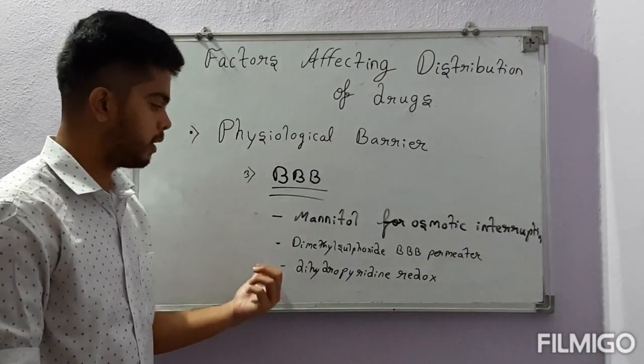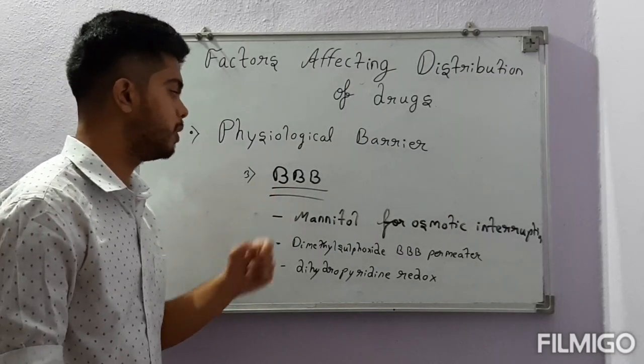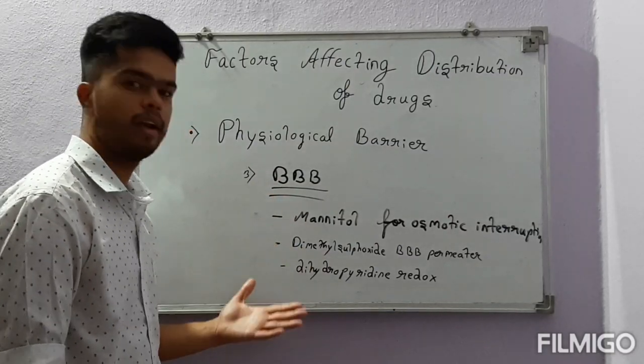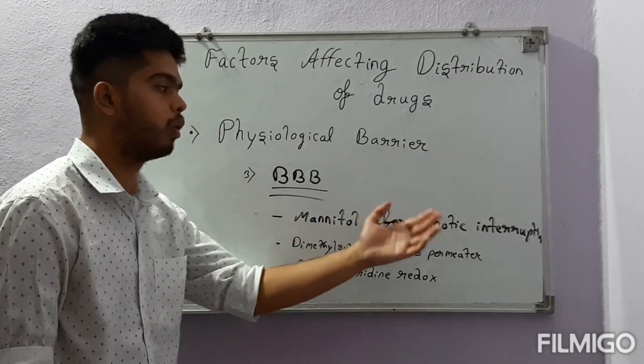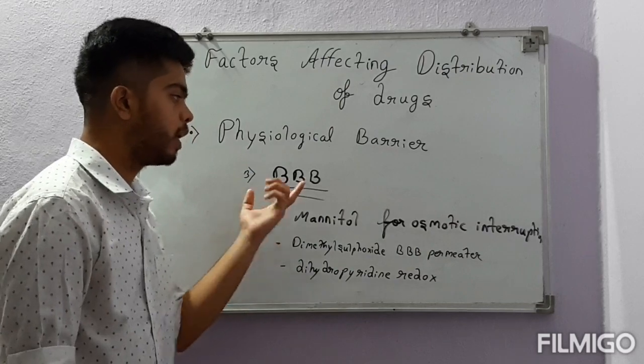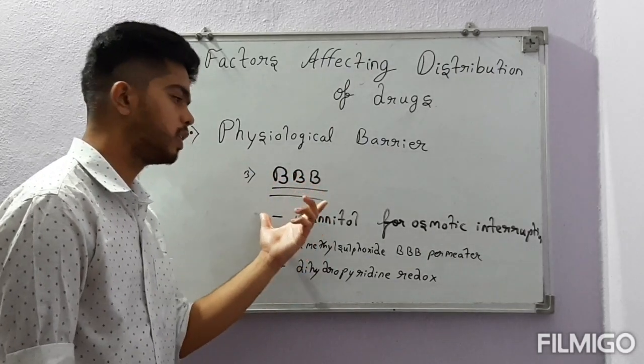There are some things you have to remember about the blood-brain barrier related to drug delivery. Mannitol is used as an osmotic interrupter, to break up the BBB for the transfer of certain drugs.